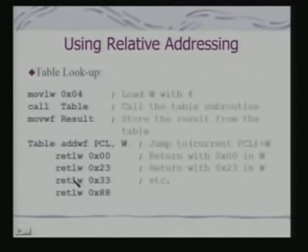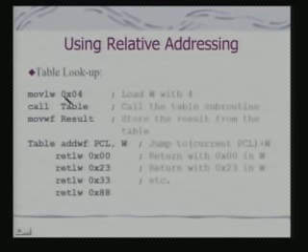And then what is happening? From here we are returning with a value loaded in W, and this is really the table lookup operation, because I am calling this subroutine with an argument.